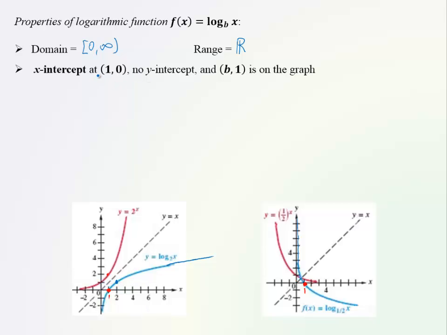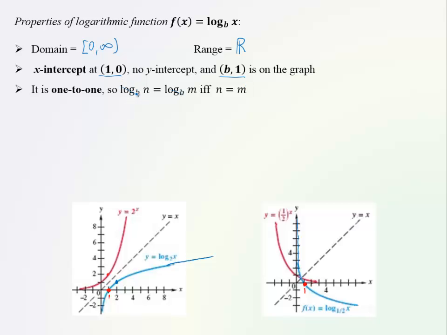So these two points are on the graph for sure. Next, since this is inverse to the exponential function, which was one-to-one, logs are also one-to-one. That means that if log with base b of some n is equal to log with base b of some m, we can actually get rid of those logs and say that therefore the inputs are equal.